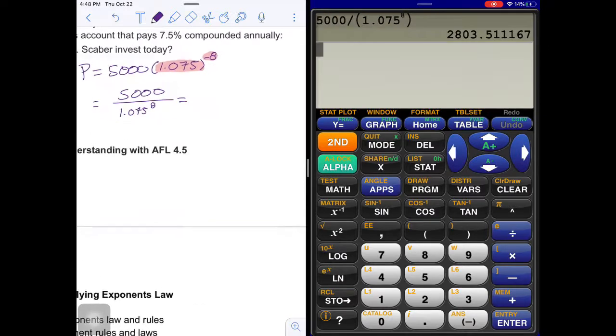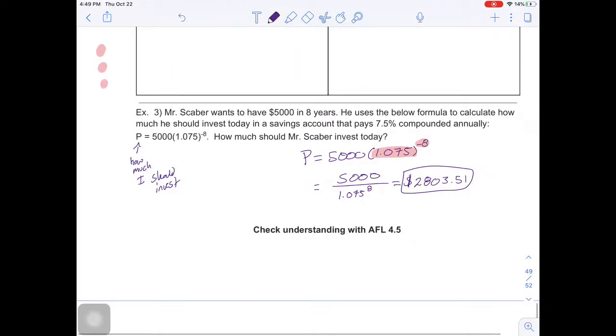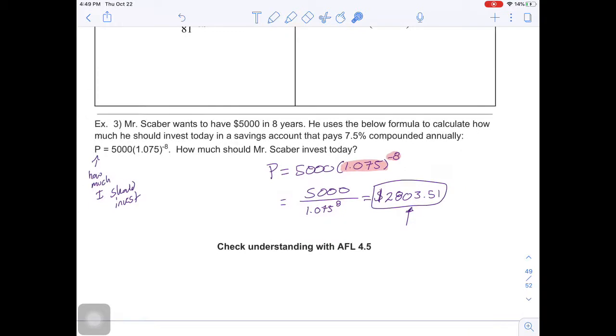And it looks like I should invest $2,851 into a bank account, because in 8 years it could grow up to 5,000, which is actually a good amount of money for pretty much not doing anything other than going to the bank and opening an account. So if I put this much money into a savings account, I will end up making $5,000 if that interest rate stays the same, which hopefully it will.